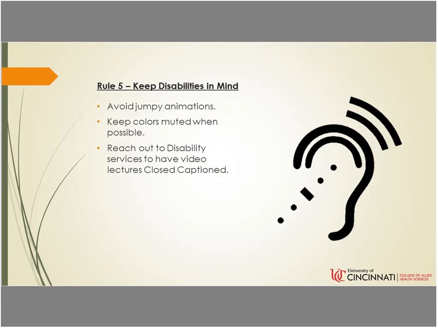And then finally, rule number 5 is keep disabilities in mind. When you have a presentation, make sure it's clearly viewable, and consider giving a hard copy of the presentation slides to your students so they can follow along with you. And if you're doing a screencast, we recommend that you avoid scrolling or using jumpy animations because folks with visual problems might have trouble seeing or following along with that.